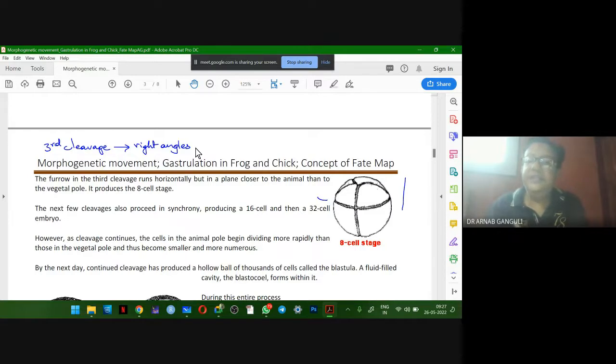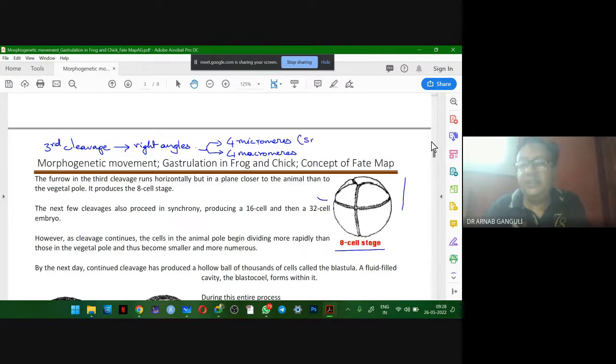So the result is you have 4 cells on the top, 4 animal pole cells. They are known as 4 micromeres. And we have 4 macromeres below. And this is the 8 cell stage.